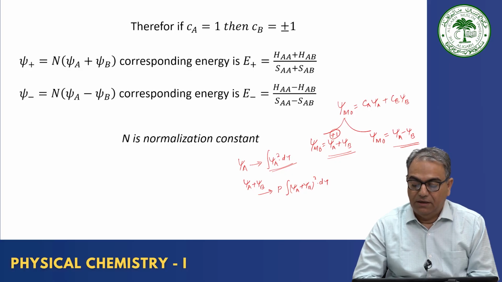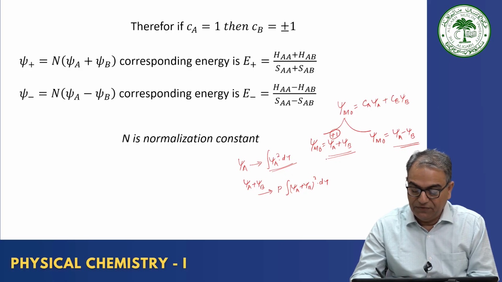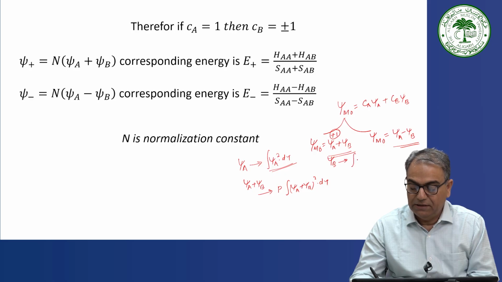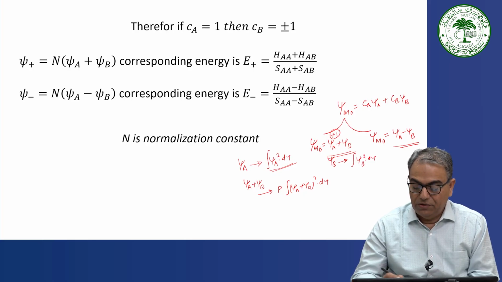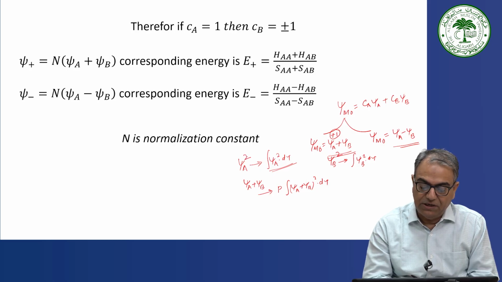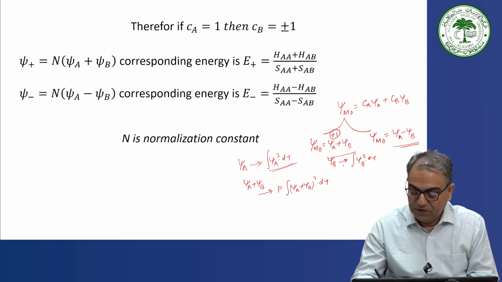Okay. If you have psi B as a function, then how do you find out the probability? Psi B square d tau will be the probability. So you do a square of this one, you do a square of this one, and you get the probability. Okay.